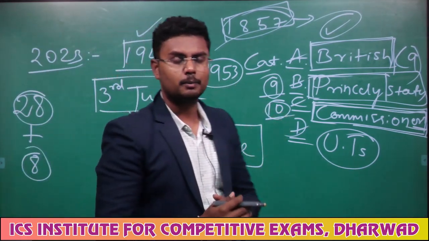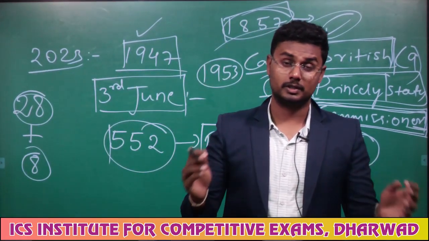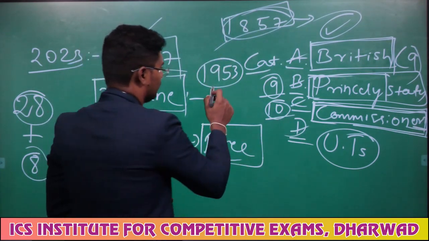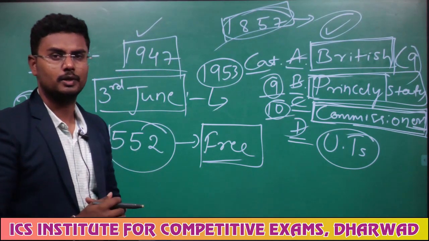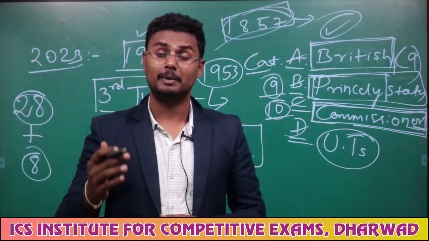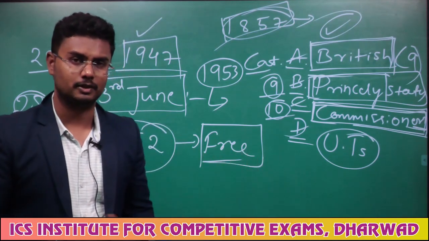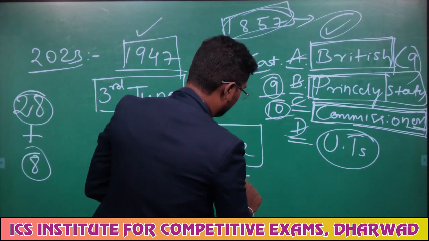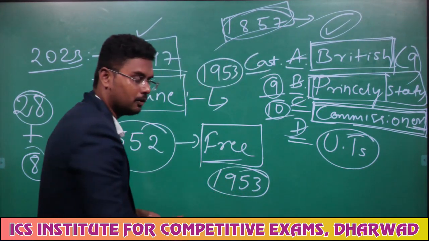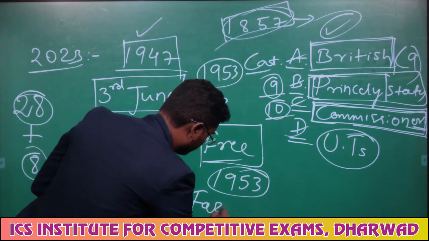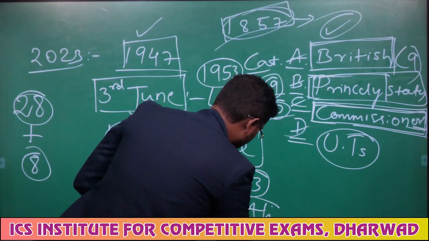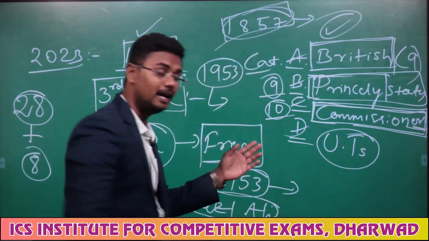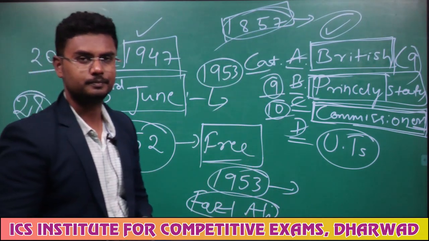Potti Sriramulu, an activist who was demanding a separate state on the basis of language, died during his fast unto death. A separate state known as Andhra Pradesh was created and the demand was followed by Gujarat and so many other states. So then the government of India had to appoint a commission under the chairmanship of Supreme Court Judge Fazal Ali, which is called the Fazal Ali Commission, and it recommended division of the entire India on the basis of language.